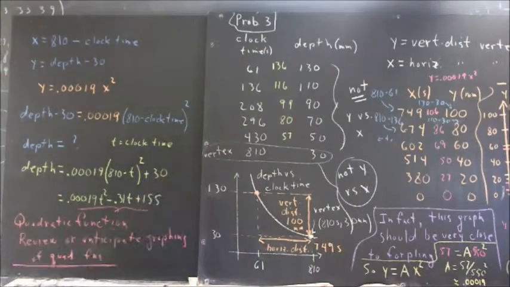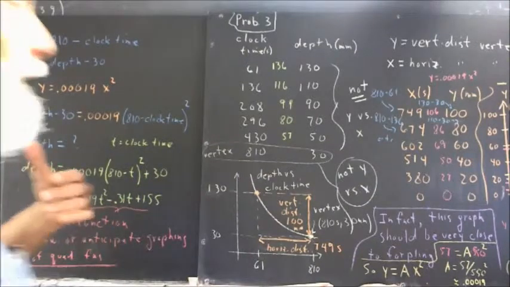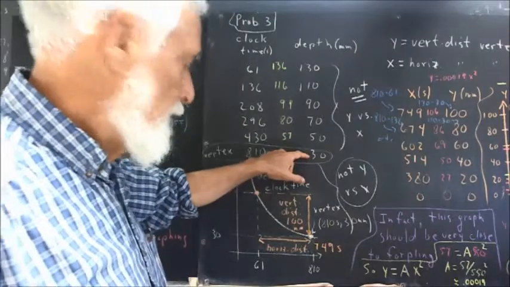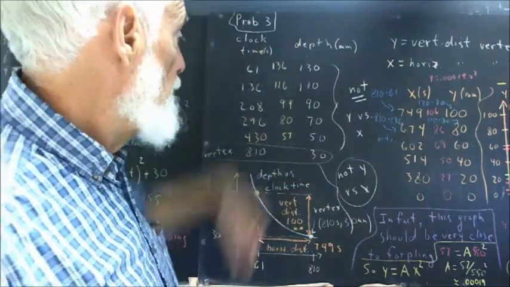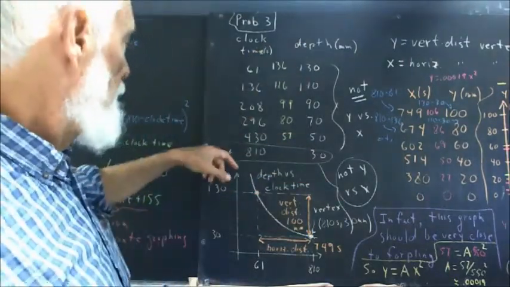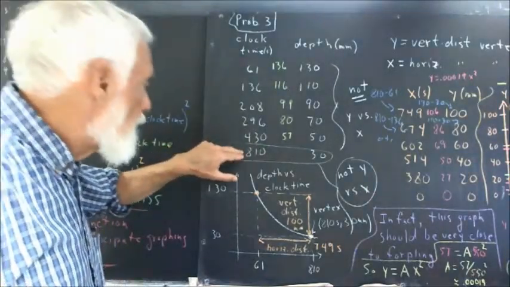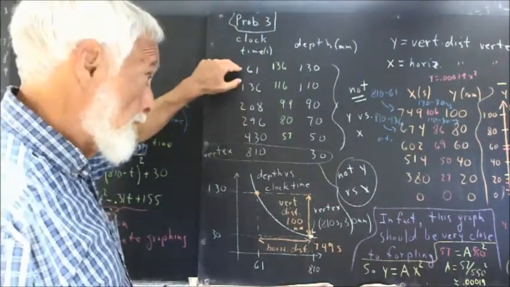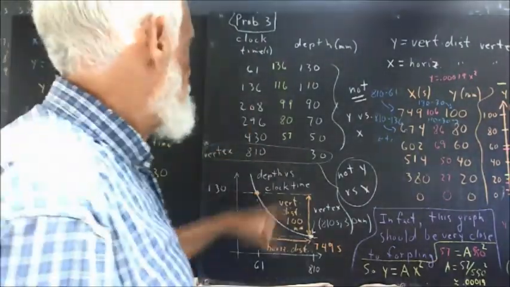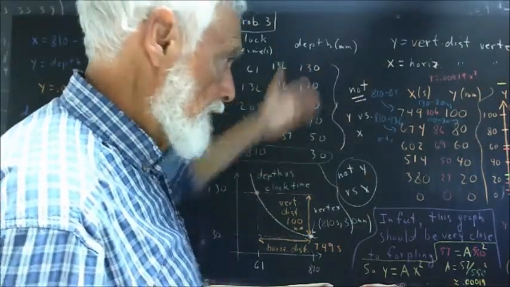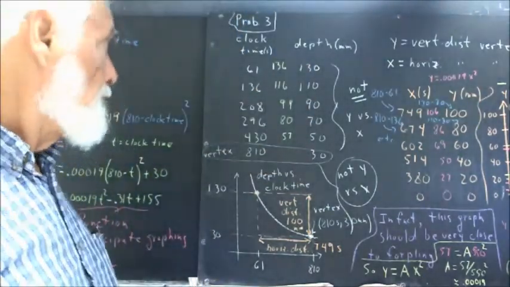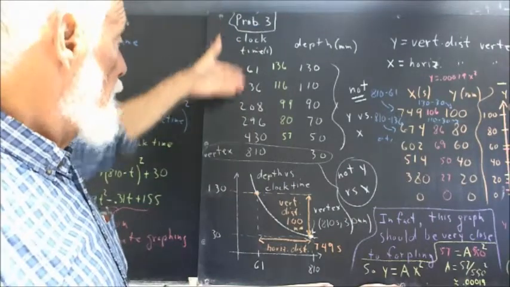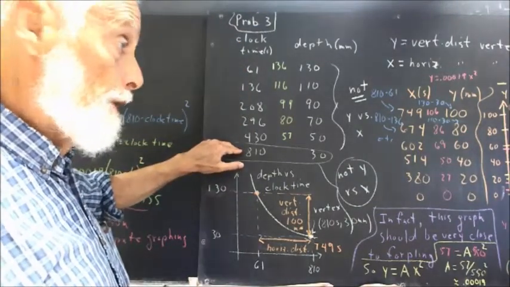Now, how did we get the depth? Well, we subtracted the coordinate of the vertex from the depth. Now, here we subtracted from the coordinate of the vertex to get the x values. Here we're subtracting the coordinate of the vertex to get the y values. Why is that? Well, simply because all the clock times are less than what we have at the vertex.